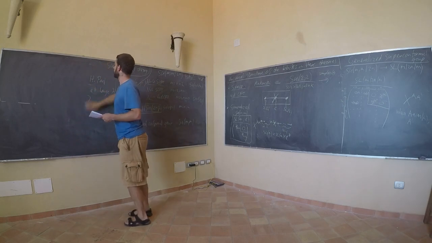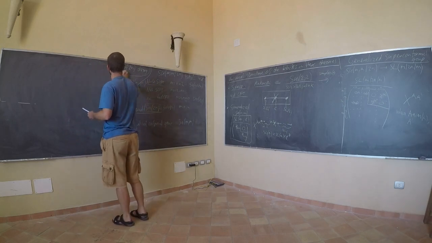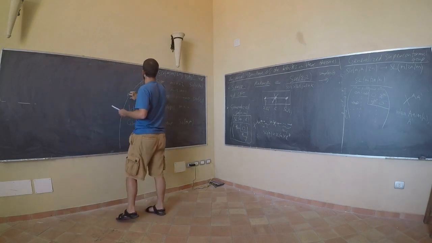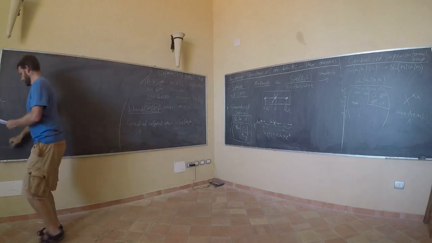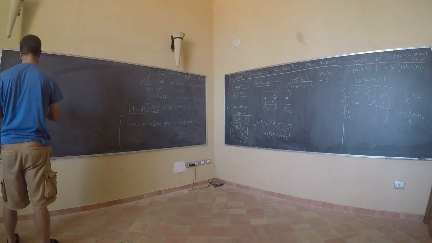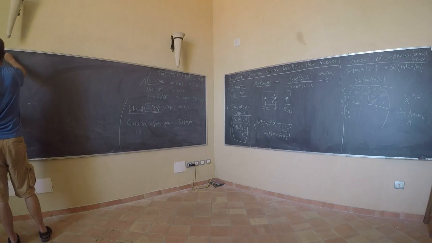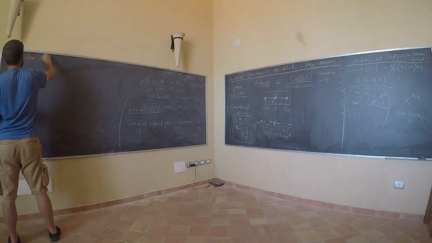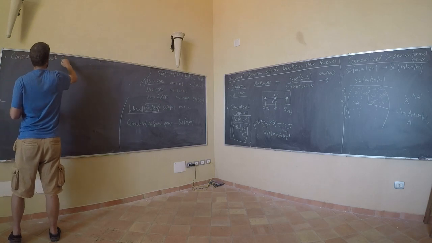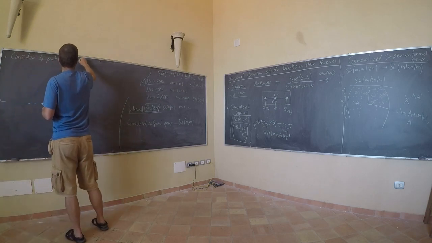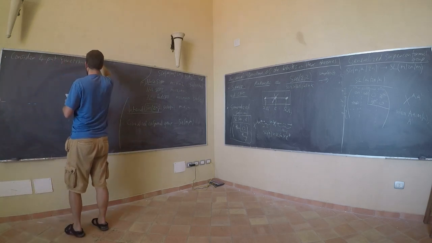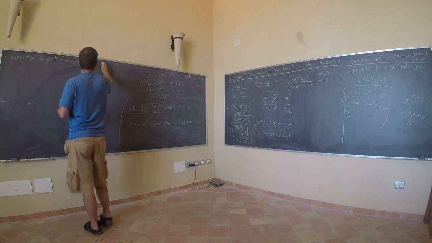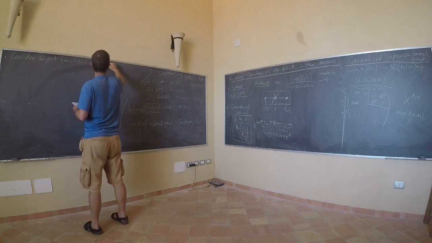Okay, so now I need to tell you what my external states are. So I want to consider 4-point functions of what I'm calling scalar representations.